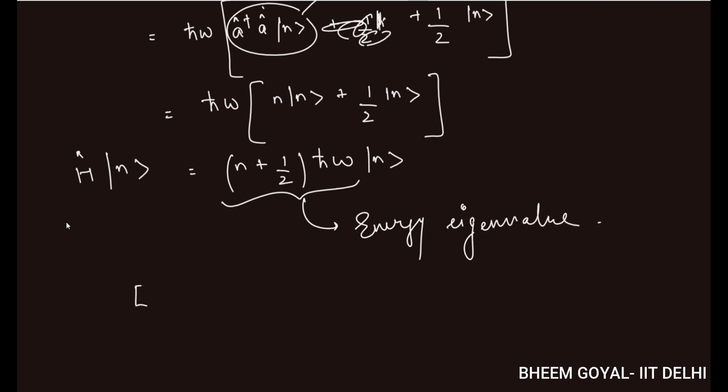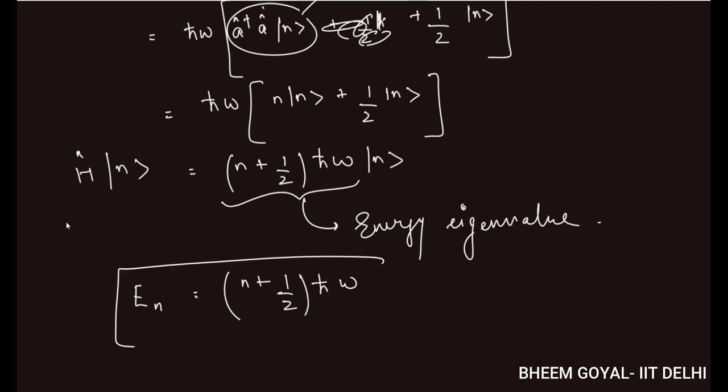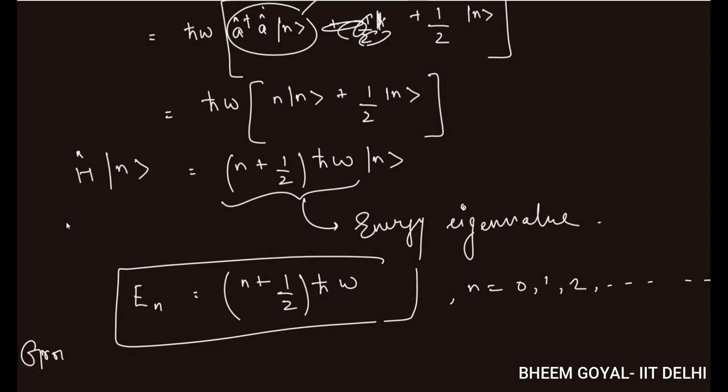So I can write E_n, where n is the state, equal to (n plus half) h bar omega, where n can go from 0, 1, 2, 3 and so on. What will be the ground state energy? The ground state energy is the minimum possible energy, so it will be the energy corresponding to n equal to 0.